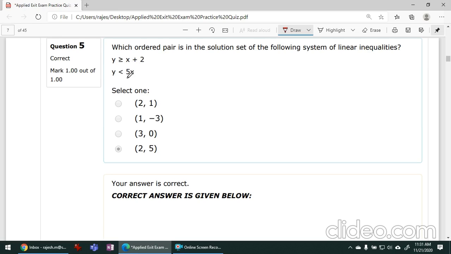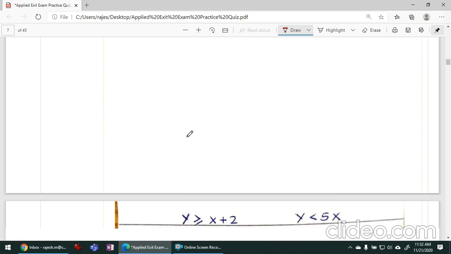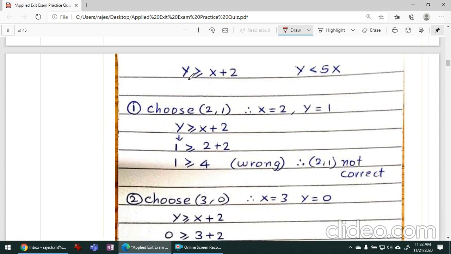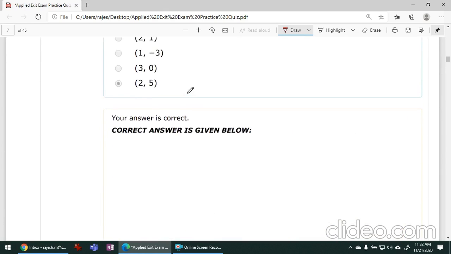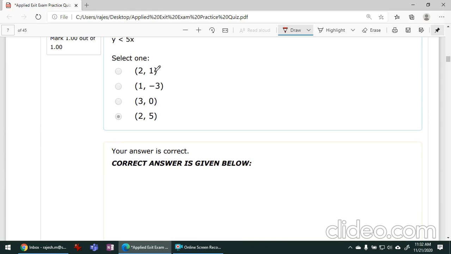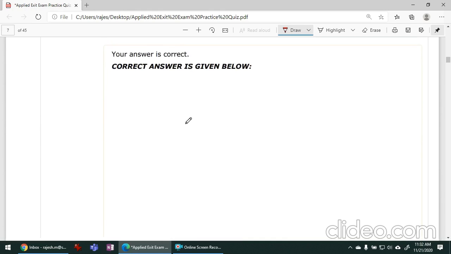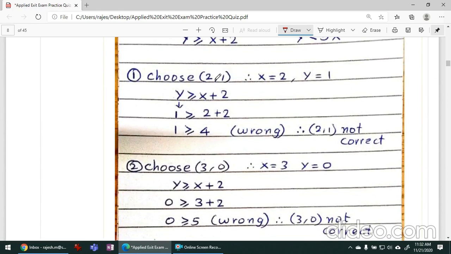Which one is coming correct? Look here. See, we have two inequalities, y more than or equal to x plus 2 and y less than 5x. Okay, choose the first answer. We want to know whether the answer is this one, this one, this one or this one. So I choose this first, 2 comma 1.